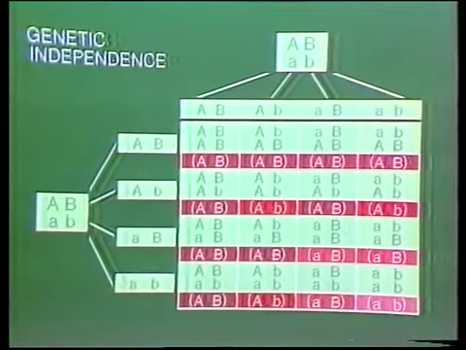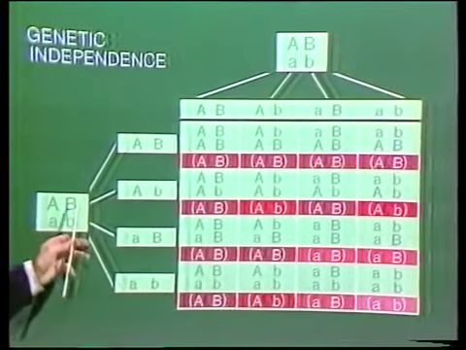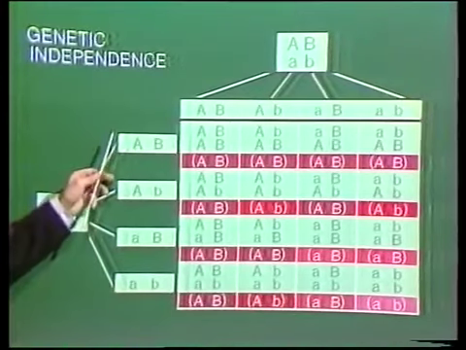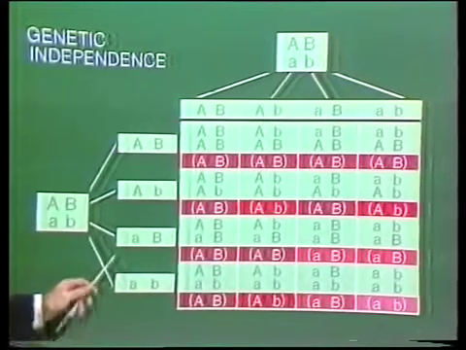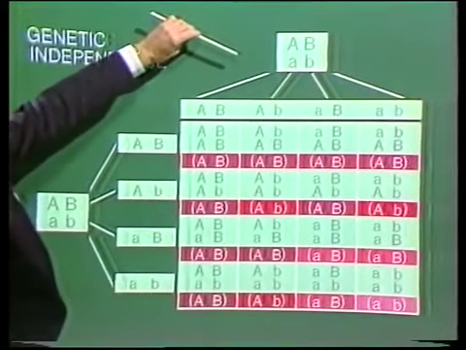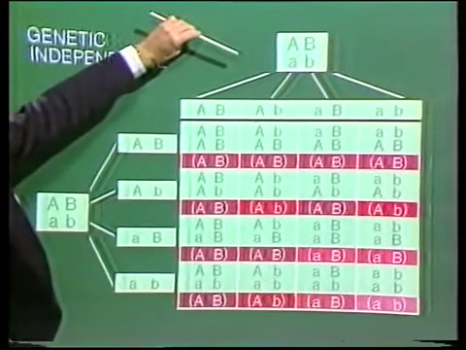So, assuming this to be a reasonable model, we should be able to infer that there is a probability of 1/4 of this parent passing on any one of these combinations to its offspring, and the same probability of the other parent passing on any of these 4 outcomes.